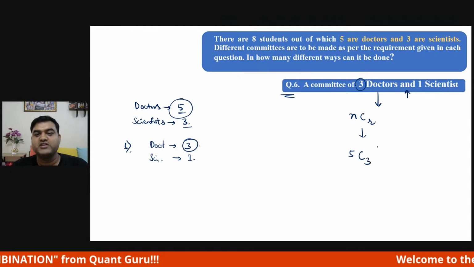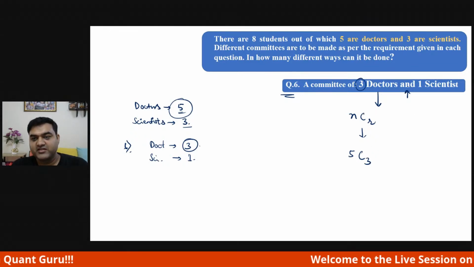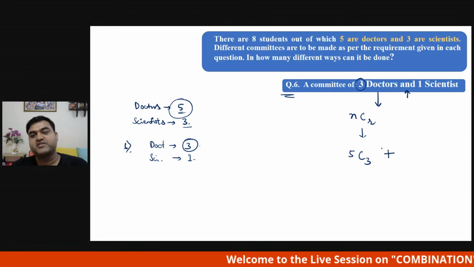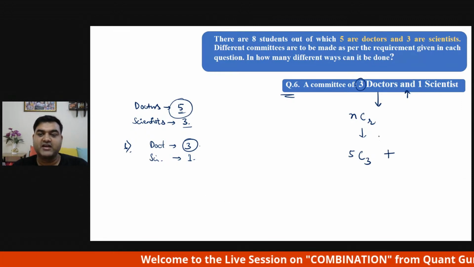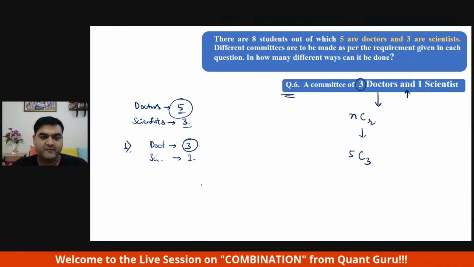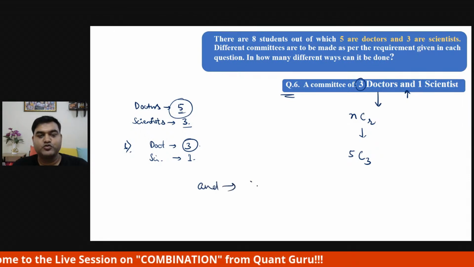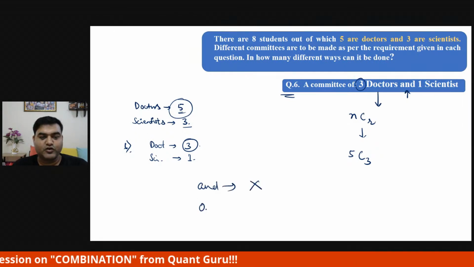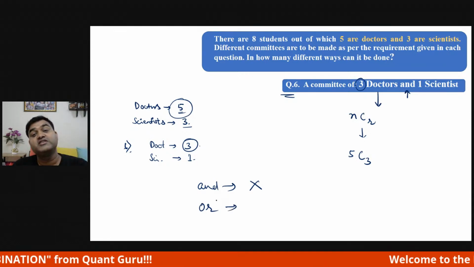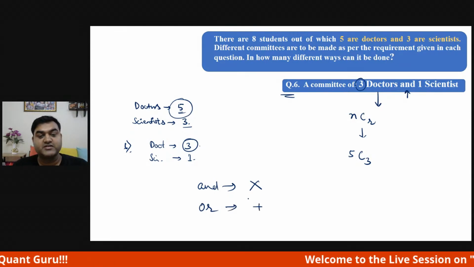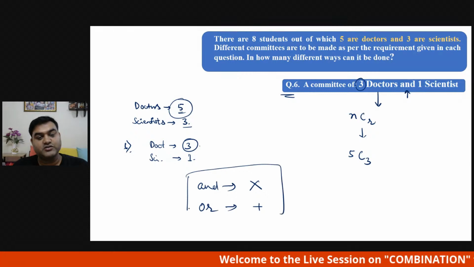We have to choose 3 out of 5. This is AND. You remember this thing. Whenever AND is there, you use multiplication. Whenever OR is there, you have an option of this or that, use plus. This is also very important.